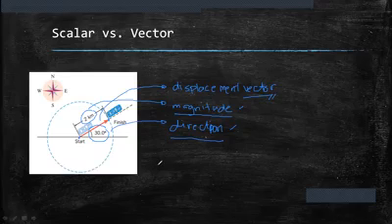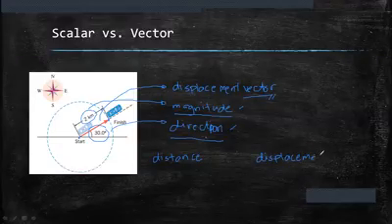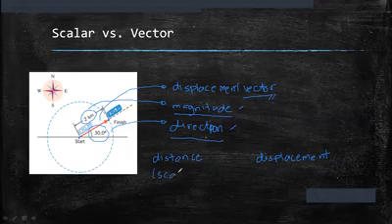A good example of the difference between scalar and vector is distance and displacement. Distance is a scalar quantity, while displacement is a vector quantity.